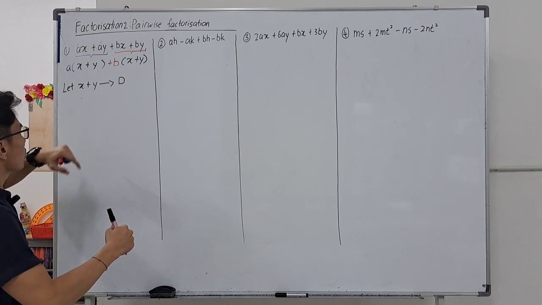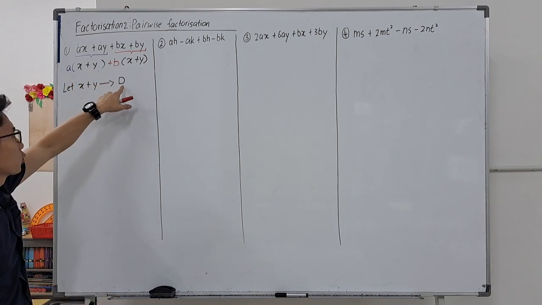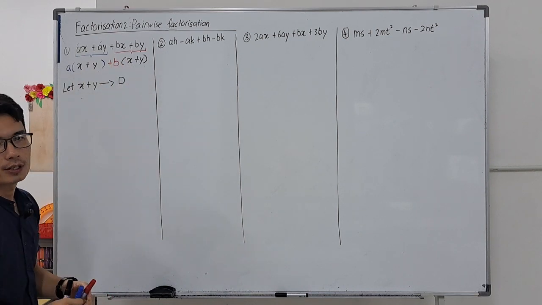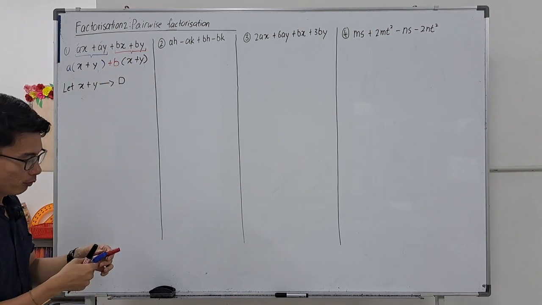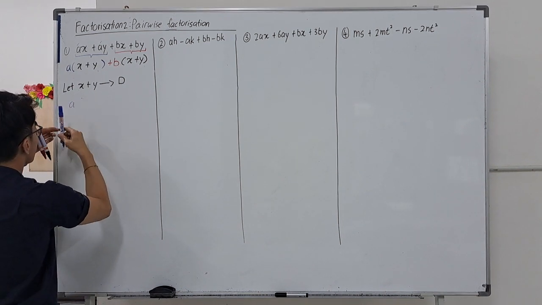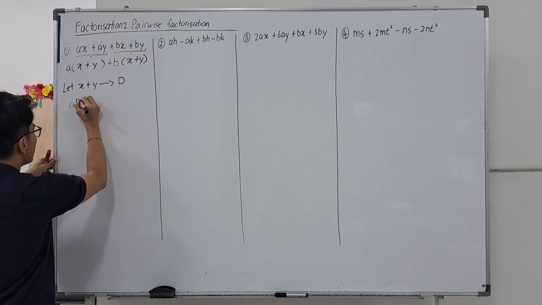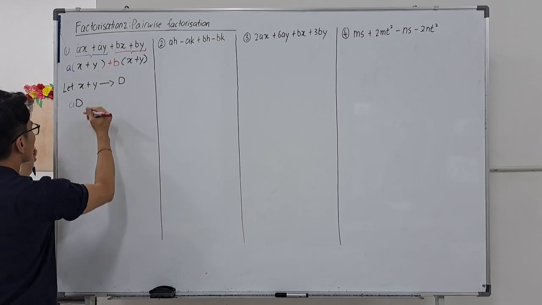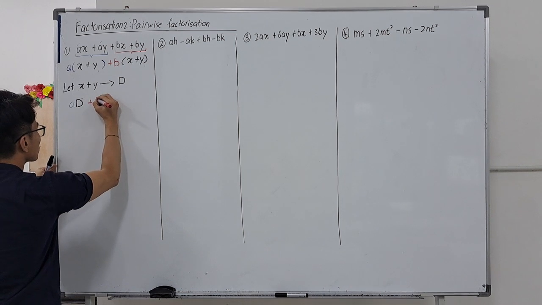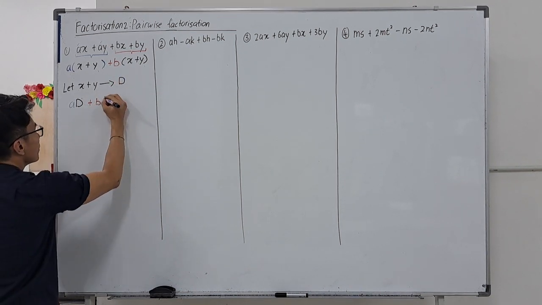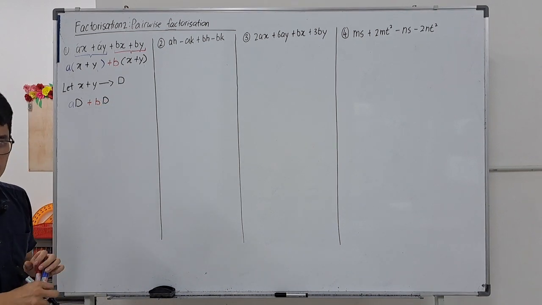If I make X plus Y become D, how can I rewrite this expression now? That's going to be A, and I have my D over here, right? Plus B, and I have my D again. Correct or not?